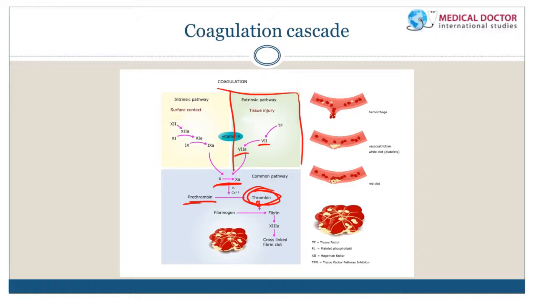Now, thrombin itself is going to form fibrin from its precursor, fibrinogen. Once we have fibrin, the cross-linking of it to form this fibrin mesh is going to be helped by factor 13.